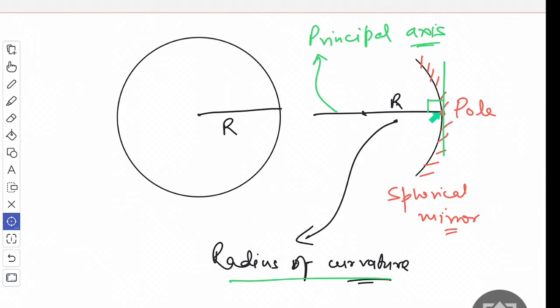The center point is called the pole. If I draw a line perpendicular to the tangential surface at the pole, this line is called the principal axis, and the distance r from the center to the pole is called the radius of curvature. So just get these things done, and then I'll ask you some interesting questions.